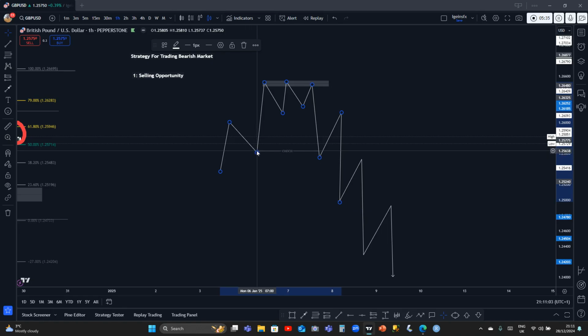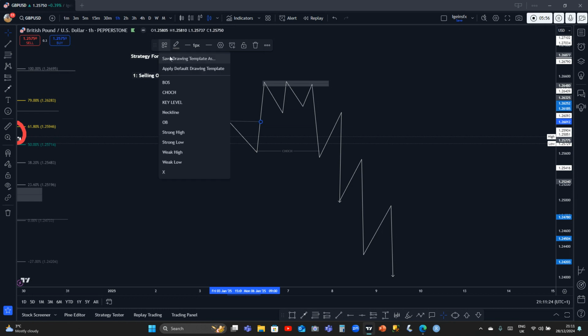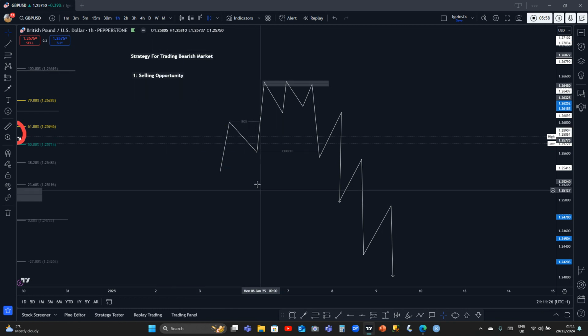Because this support was the last break of structure that we experienced. These ones here, they are not break of structure. It only created equal highs. This is the only break of structure, the last break of structure that we experienced.